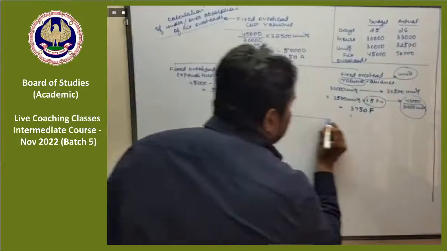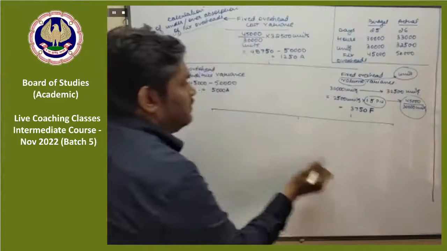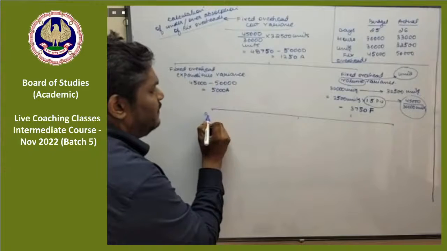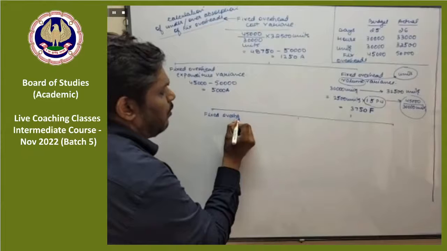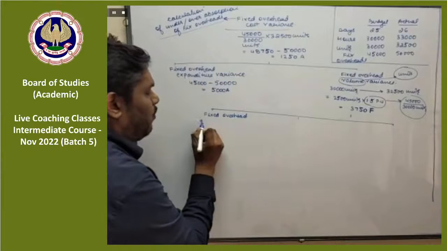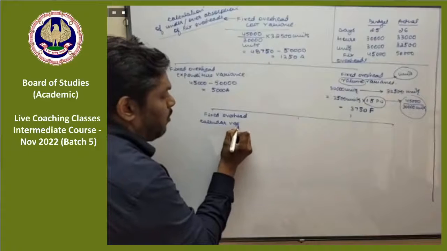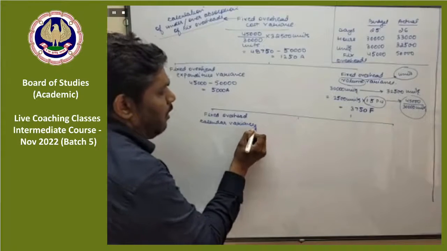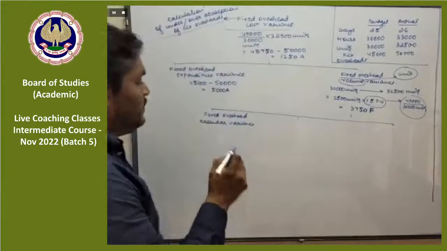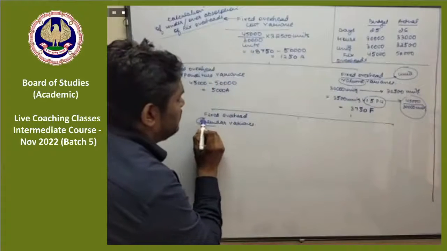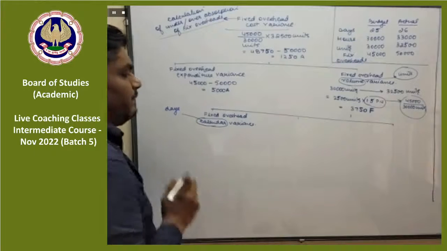Now, there are three parts. First one is fixed overhead. Calendar variance. When talking about calendar variance, this talks about days.